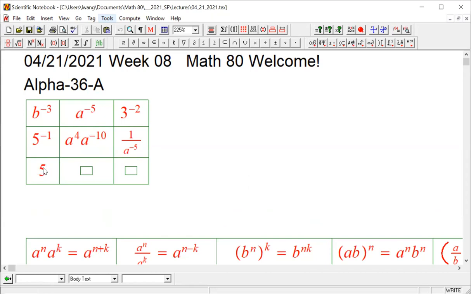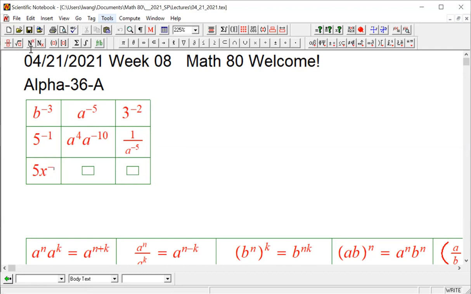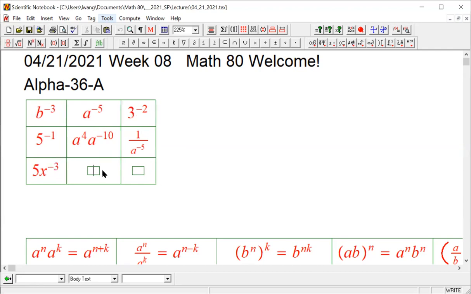And 5 times x raised to the power of negative 3, 6 times y raised to the power negative 4, and negative 3 a raised to the power of negative 5.